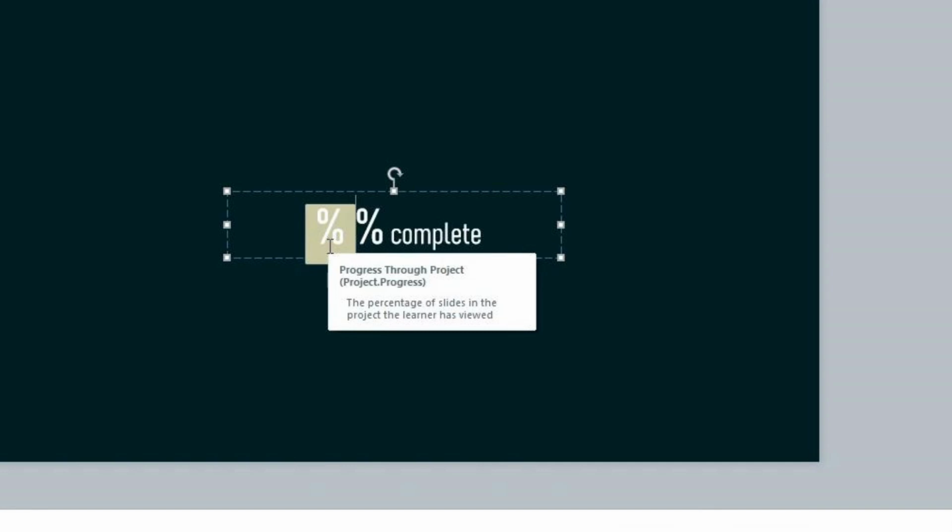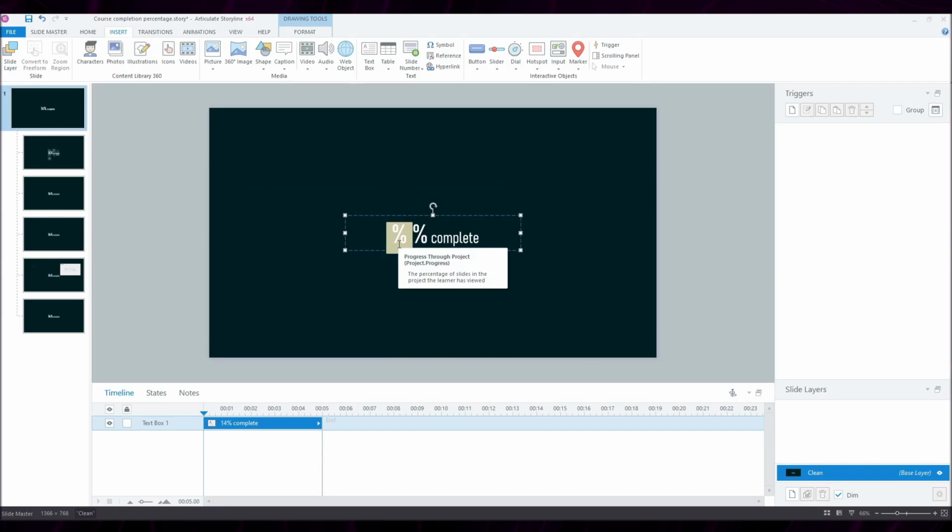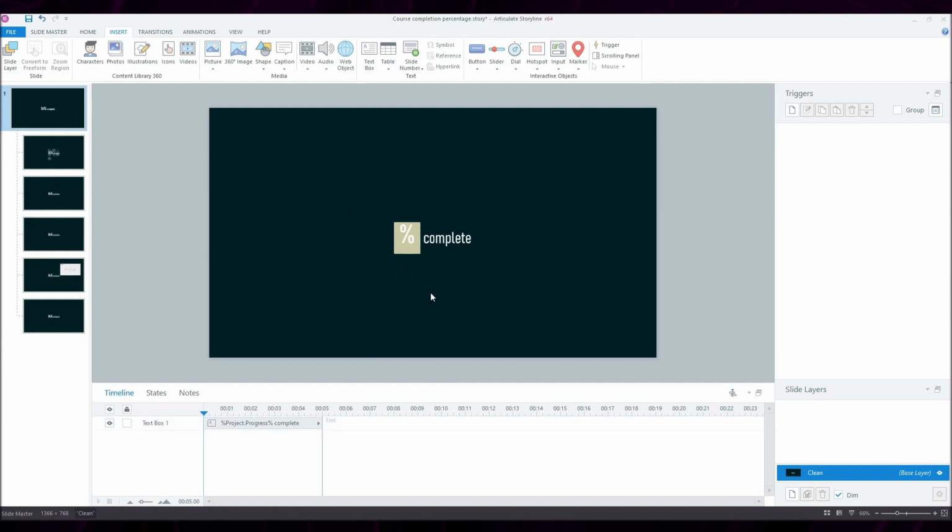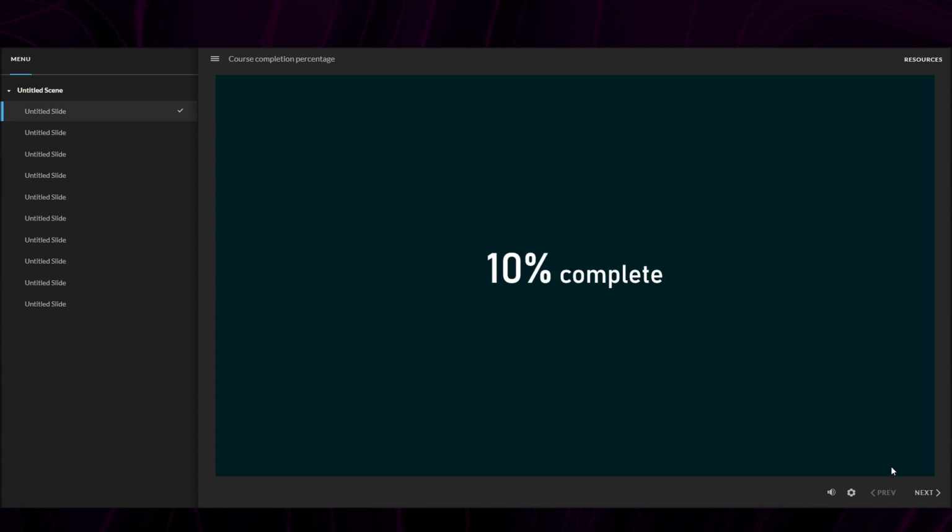Now, this variable is displayed as a percentage, so that means that you don't have to add a percentage sign after it. The percentage sign is included in the variable, so it's not just a number. So this variable allows me to see what my progress is when viewing my course.